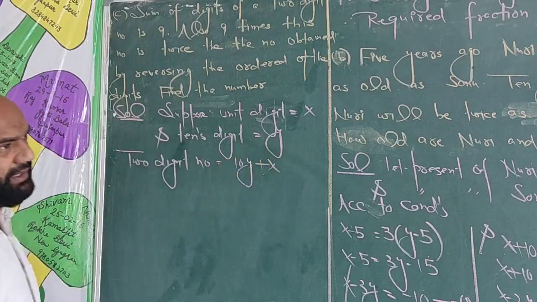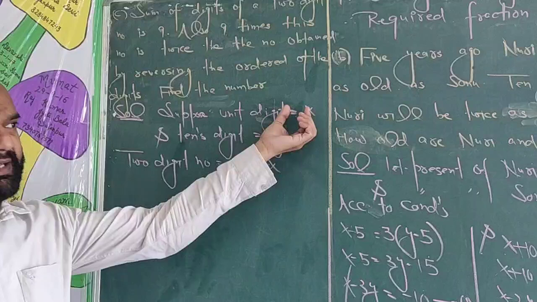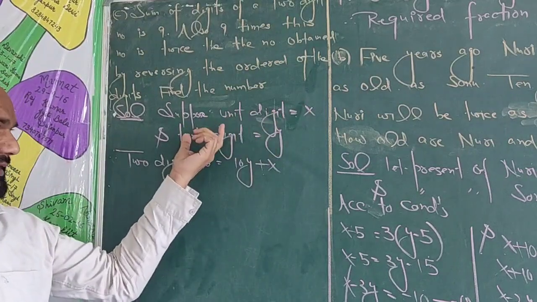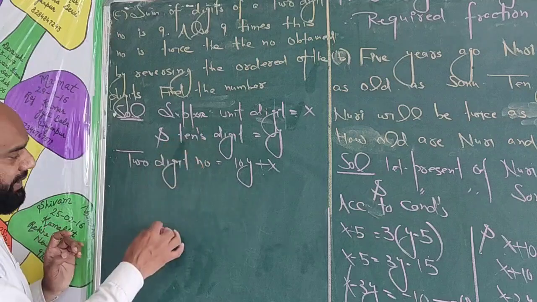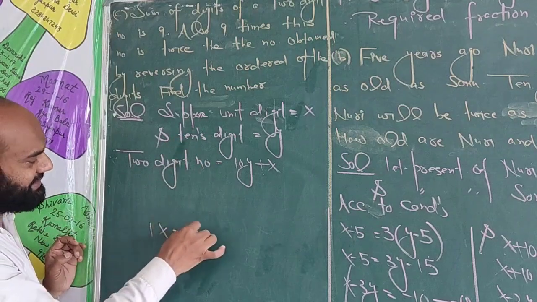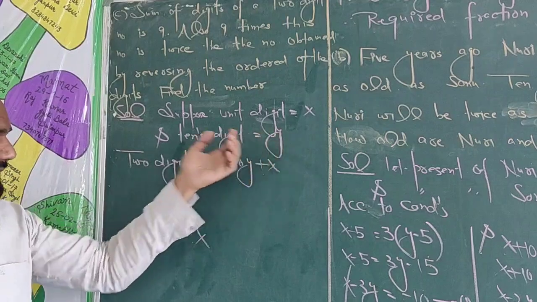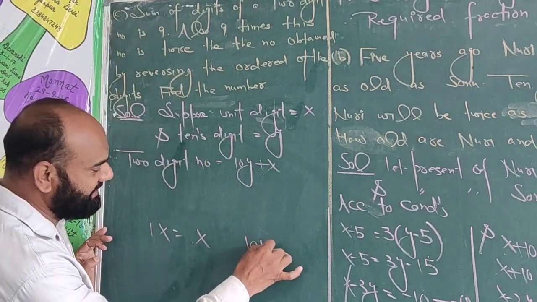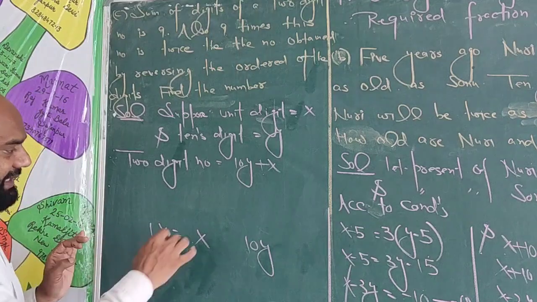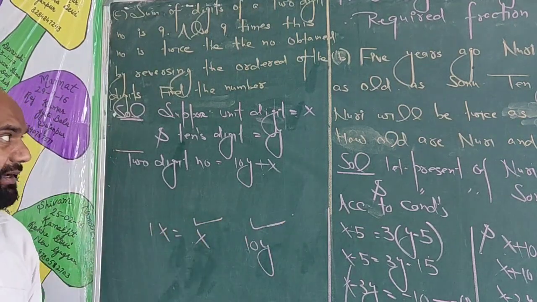And to find the two-digit number, this is the easy method. The unit digit is multiplied by 1 because the unit place value is 1. So when we multiply x into 1, this is equal to 1x, and the tens digit is multiplied by 10. When we multiply y with 10, this is equal to 10y. Then these two numbers are added, and we get the two-digit number.